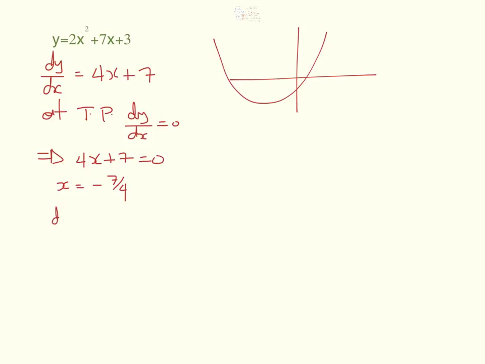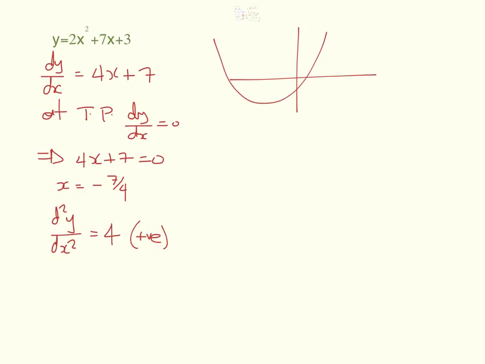So d²y/dx² means now you're going to differentiate this one more time. It's just going to give me the number 4, and it is positive, which is proof that you're going to have a minimum value, as I've said before. So anyway, never mind, we've got it, let's move on.